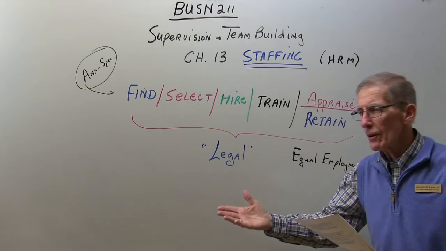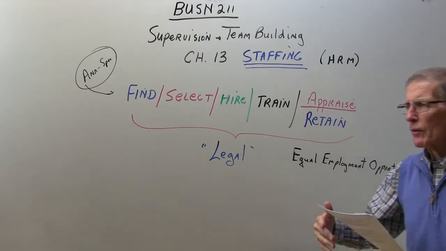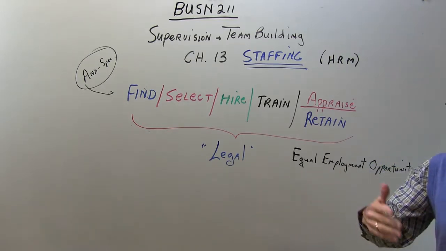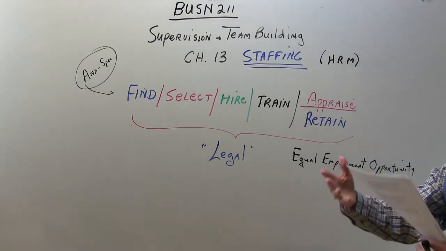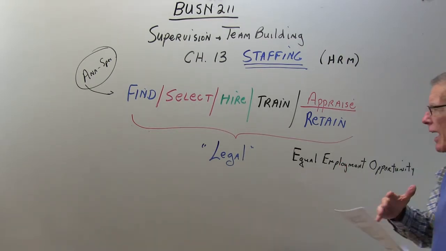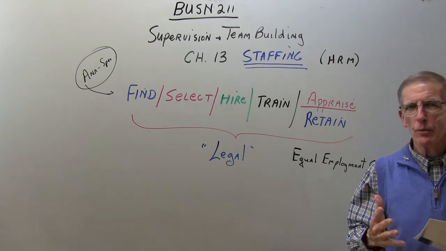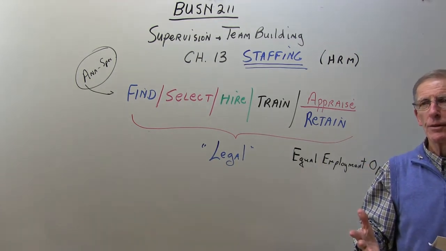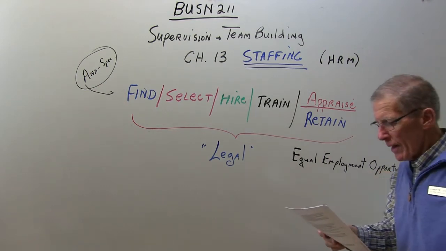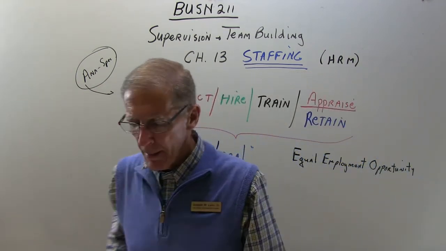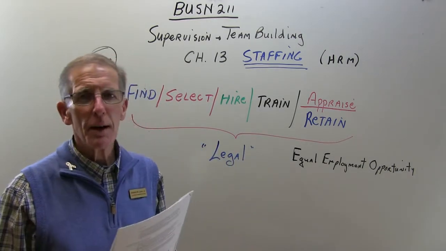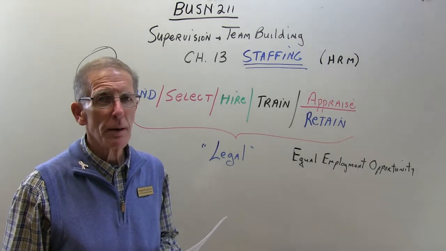If a person is male or female, black or white, married or single, has children, is a Baptist or Methodist, those are things you should not determine your employment on. Those are discriminatory things. They prohibit workplace discrimination. If you do discriminate, you're breaking federal law.